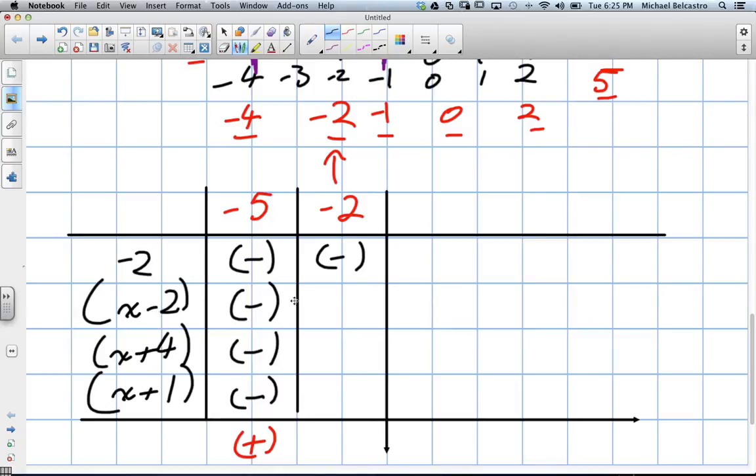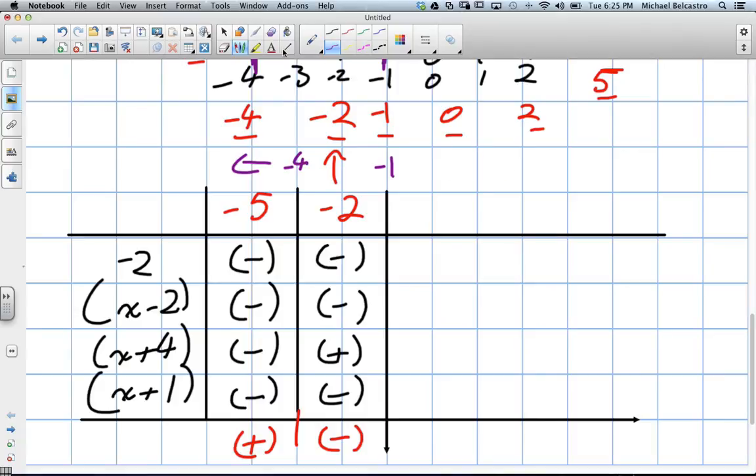At our second one, we're going to have a negative value again. Here we'll have a positive value. Does this make sense? Okay. And here we'll have a negative value. So what will we end up with in the end here? Negative. A negative. So at this point, in between that interval, okay, so this is when we're to the left of negative 4. This is between negative 4 and negative 1. We're negative at that point.